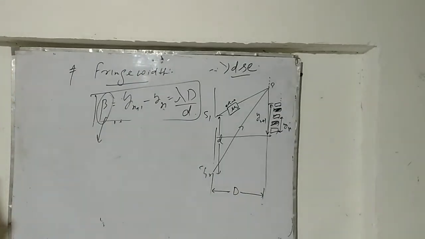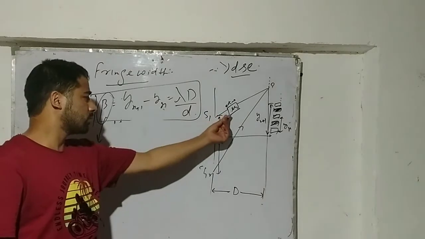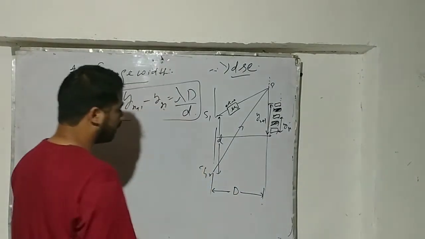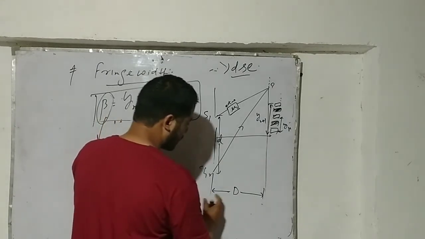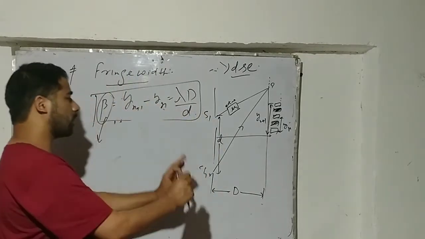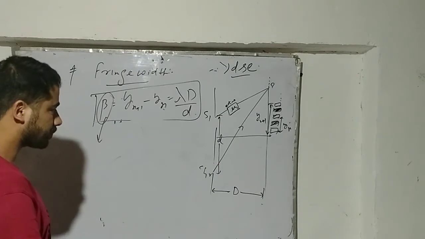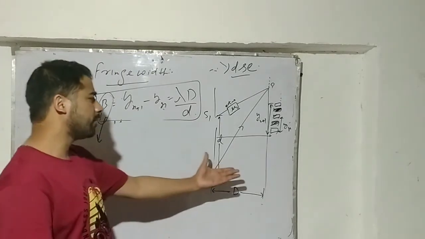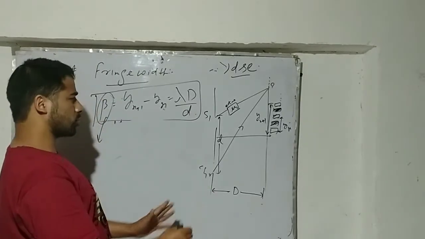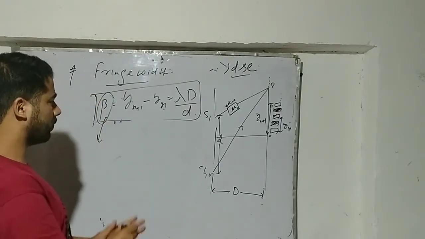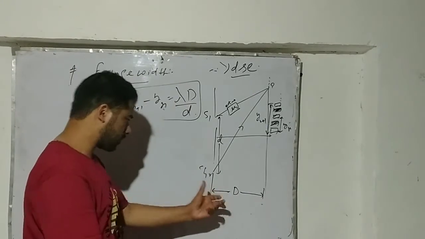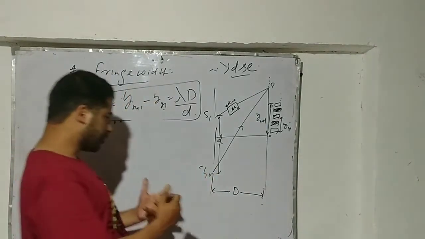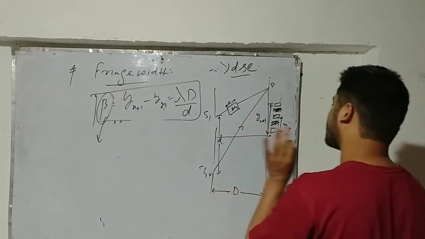Look, as you know, when we perform the double slit experiment, we assume that the medium between the slits and the screen is purely air. We can perform the double slit experiment in any other medium also, but in order to simplify everything, in the first place we presume that the medium we introduce between the slits and the screen is purely air.